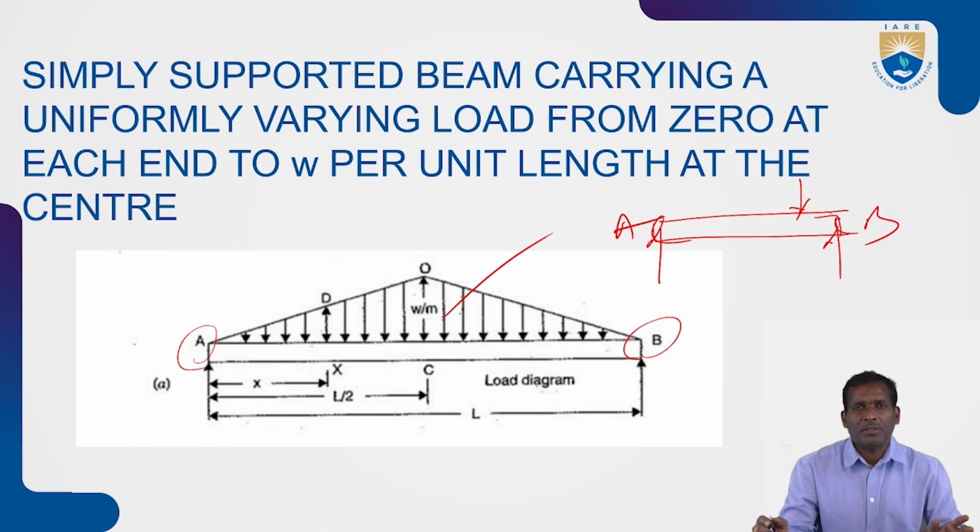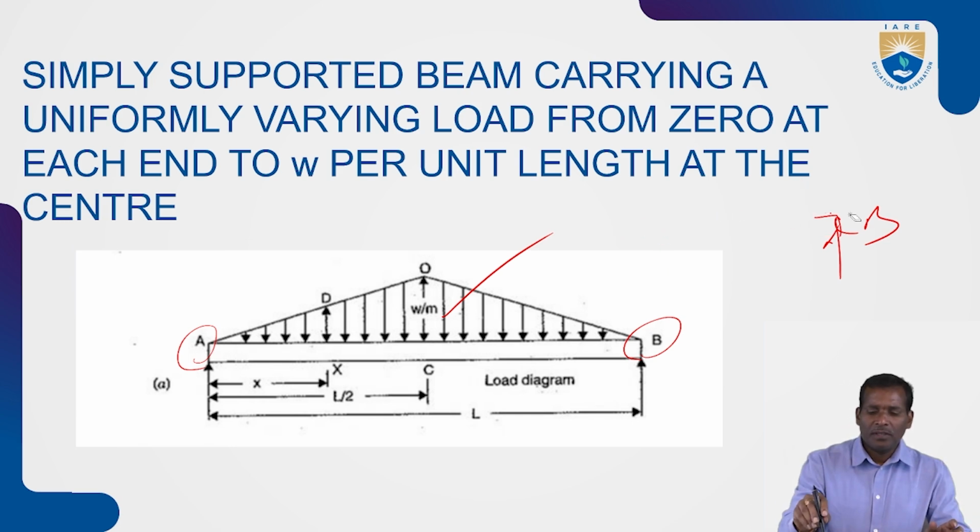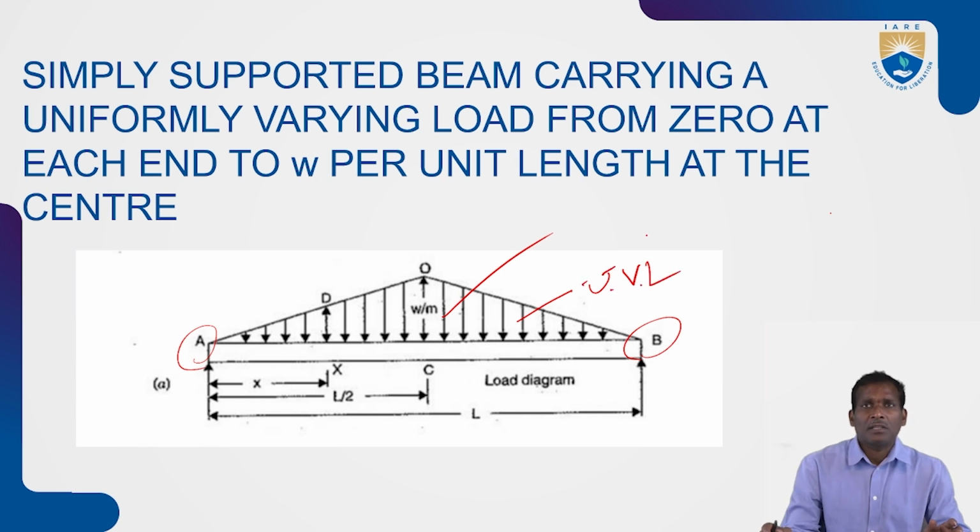But in this case, the given condition is a simply supported beam carrying a load that is distributed but varying. That's why you can call it UVL, uniformly varying load, from 0 at each end to W.